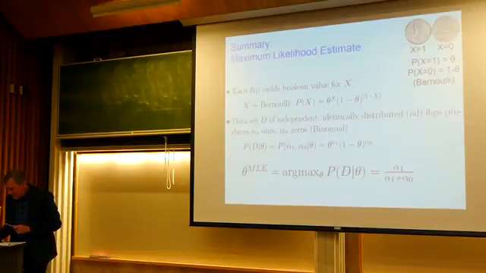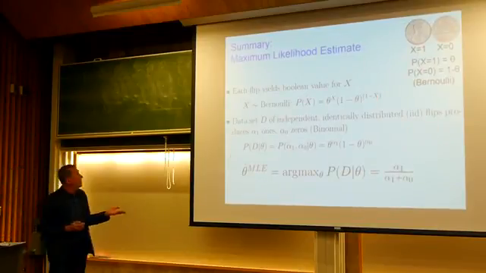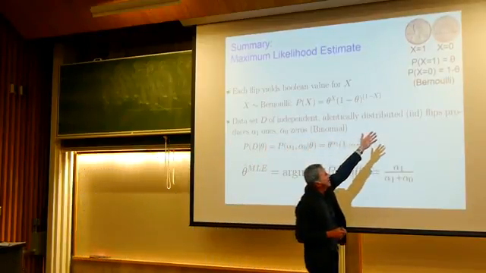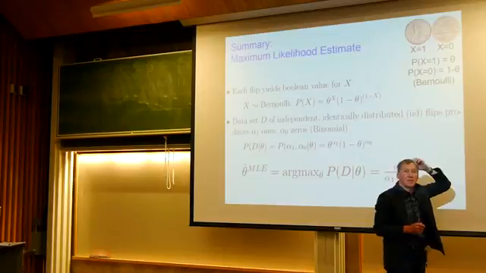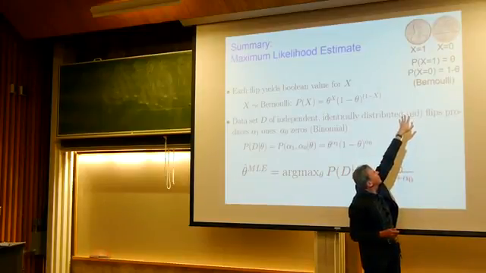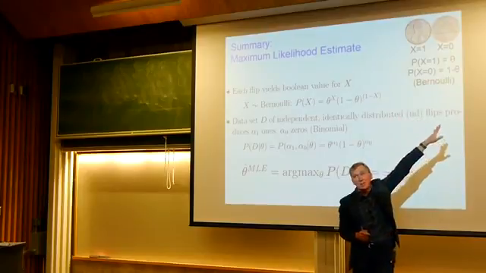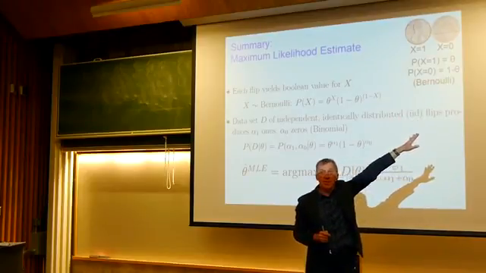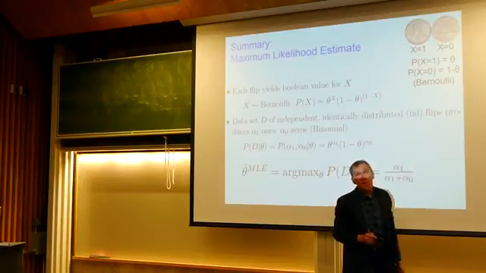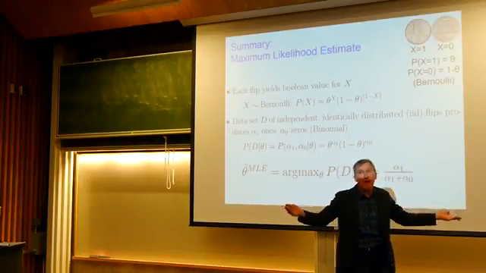Okay, so here's the summary, the big picture. If we have a maximum likelihood estimate of a single Boolean valued variable, like our coin, but in general, if we assume what's called a Bernoulli distribution on that random Boolean variable, Bernoulli simply means that we represent the probability distribution by theta, a number.